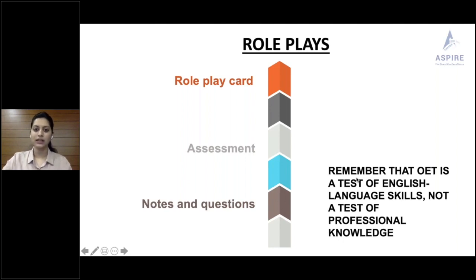You don't have to exactly know how to go about them, because in the task you will be given prompts. You will be given keywords as to what points you should mention. So you don't need to know the management per se, because they will mention it in the form of notes in the role play card itself. So just make sure you cover those.